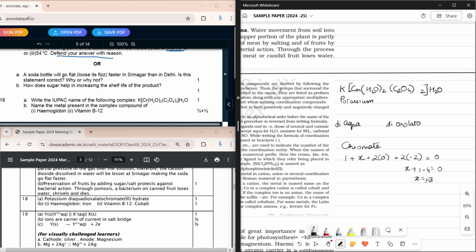So the name of this particular complex is going to be potassium, and then you have your ligands.